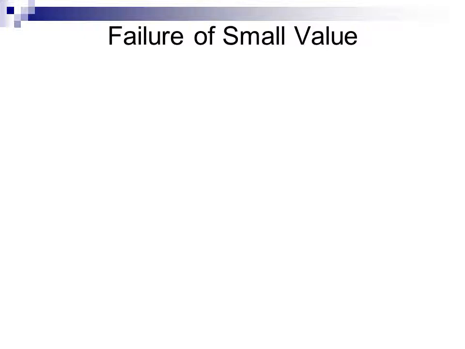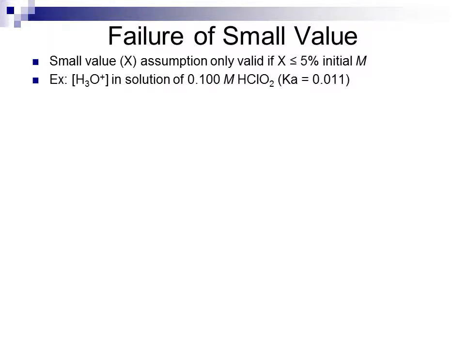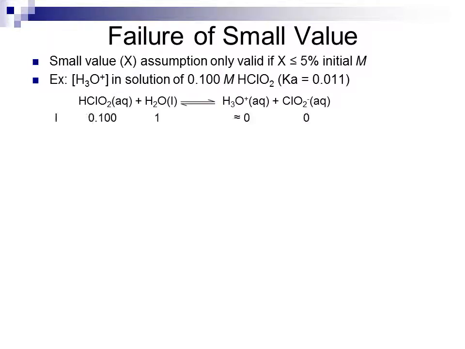Now our small value assumption sometimes will fail in these situations. For instance, if I look at calculating hydronium concentration for a 0.1 molar solution of chlorous acid, this has a Ka value of 0.011. We write our expression. Our initial concentration will be 0.1 for chlorous acid and approximately 0 for hydronium and chlorite.